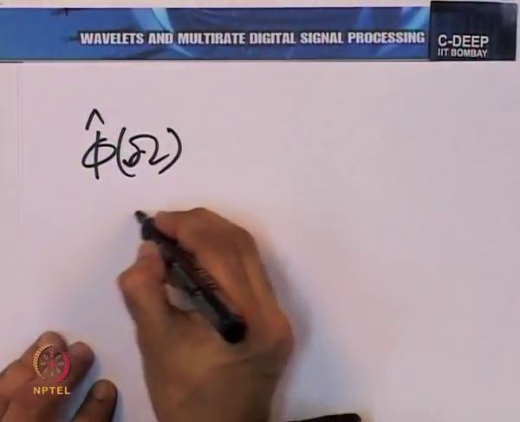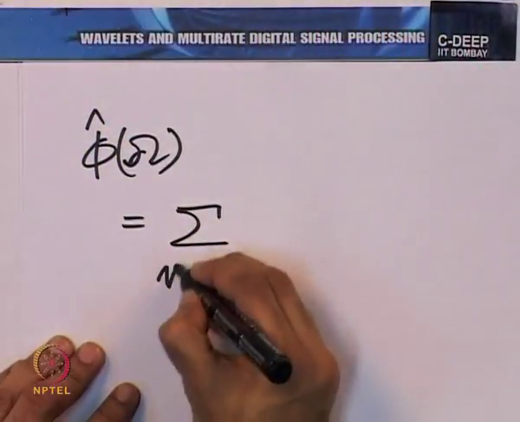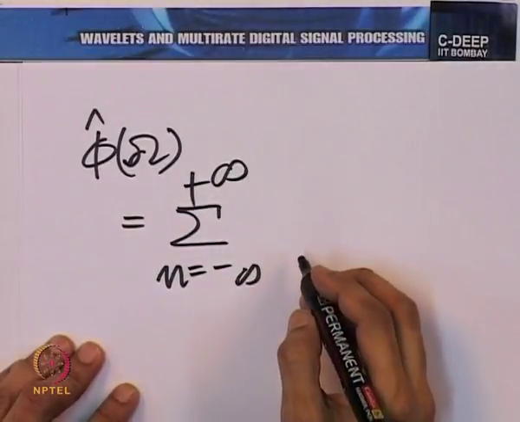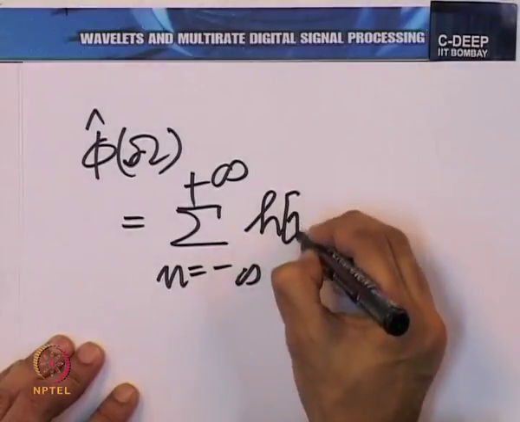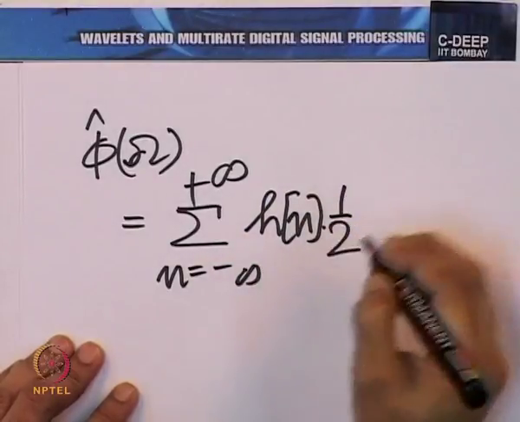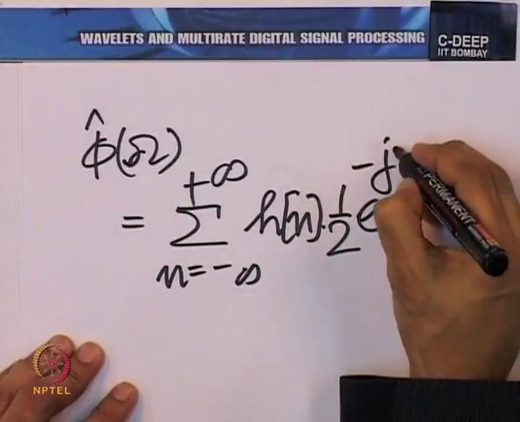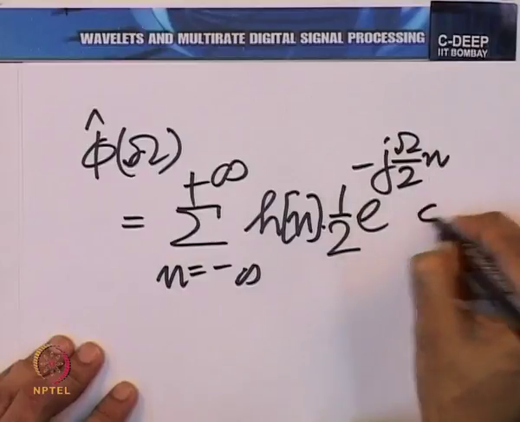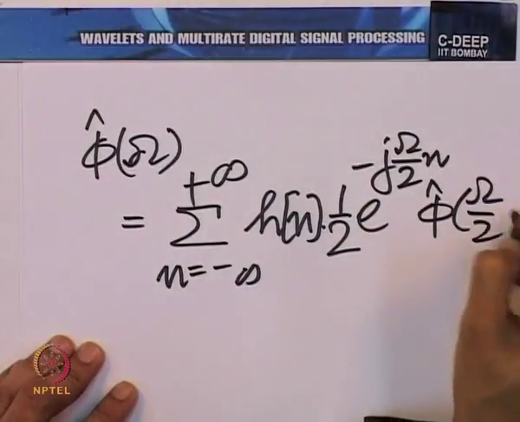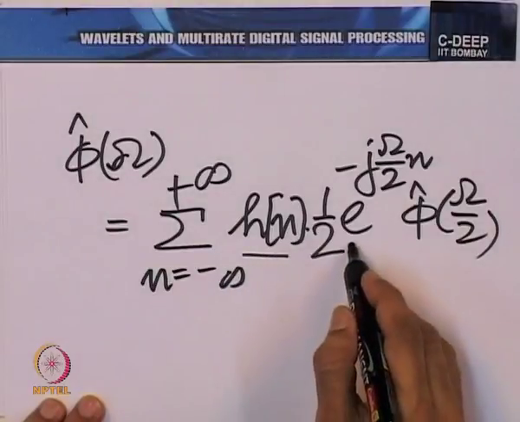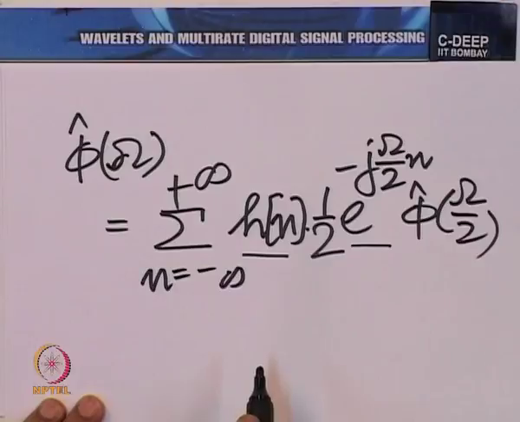That dilation equation is phi cap omega is summation n going from minus to plus infinity h n times half e raised to the power minus j omega by 2 n times phi cap omega by 2. Now, this part of the summation that involves n is familiar to us again.